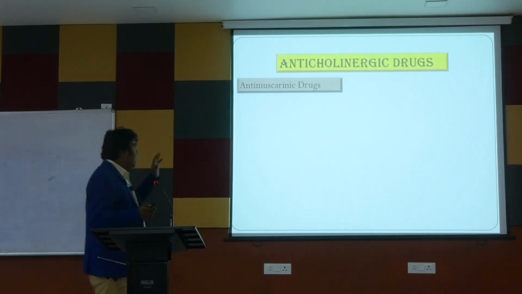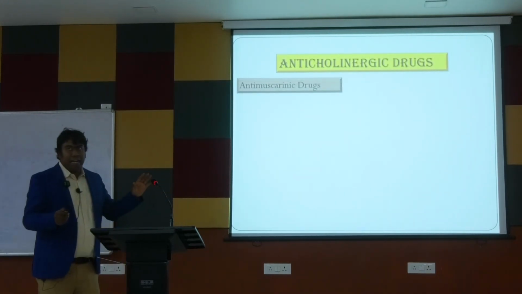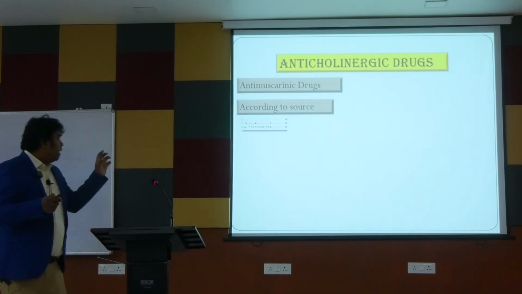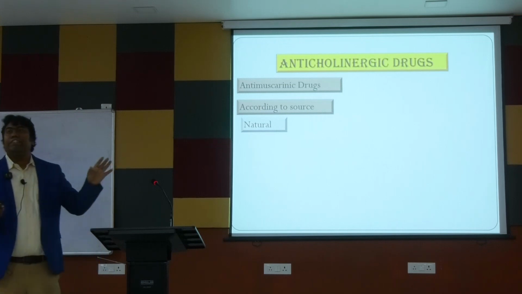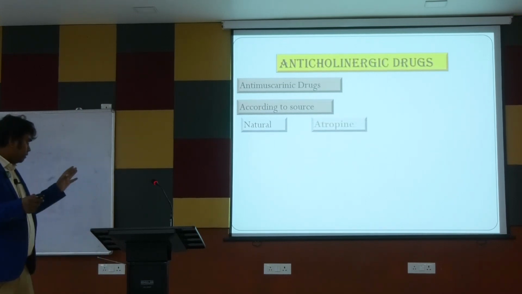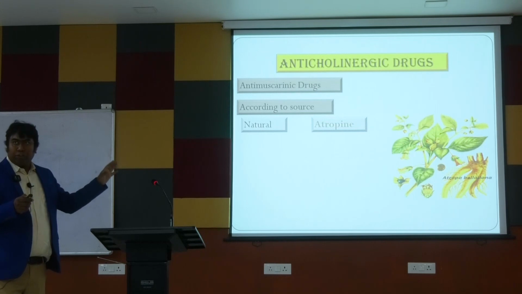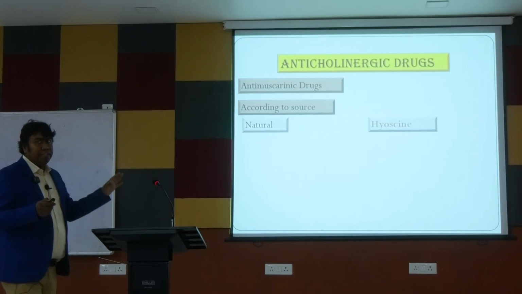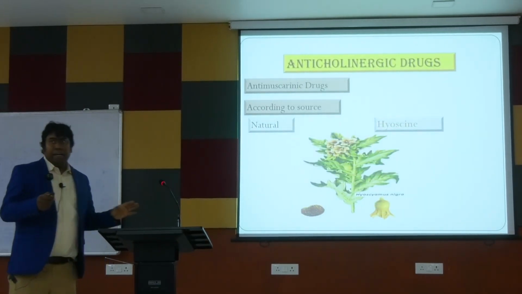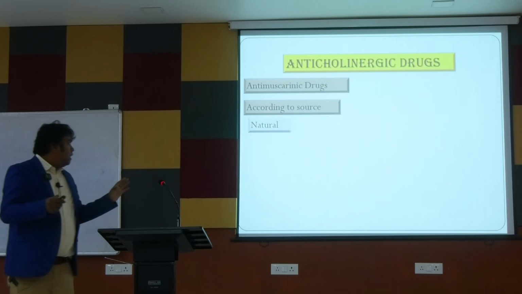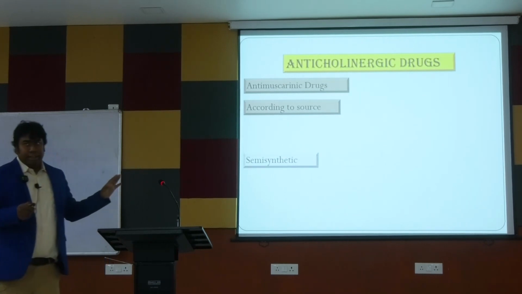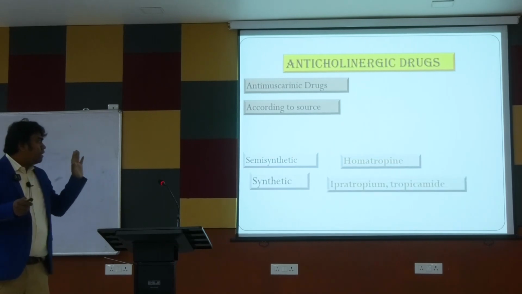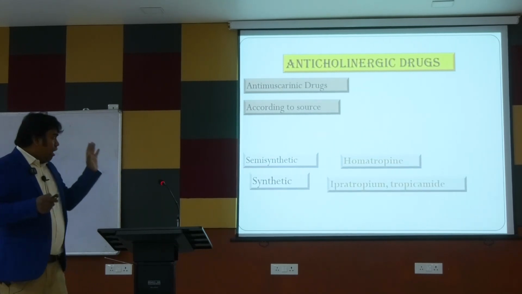We can classify anticholinergic drugs depending upon their source. The natural source is Atropa belladonna, from where atropine is extracted. Similarly hyoscine is also a natural one. Then semisynthetic is homatropine, and synthetic are ipratropium bromide and tiotropium bromide.